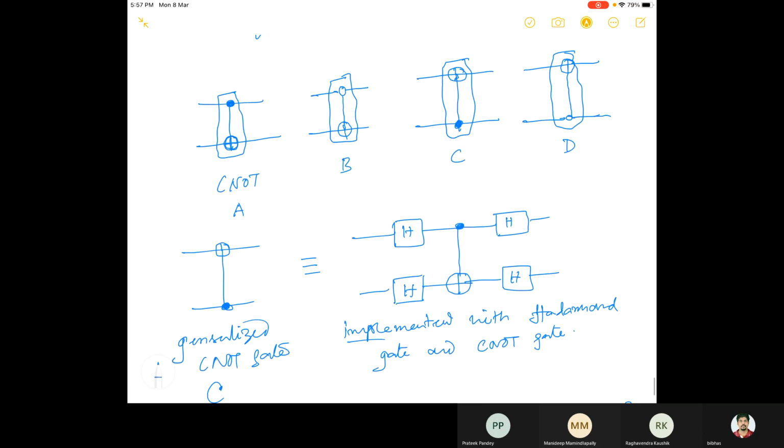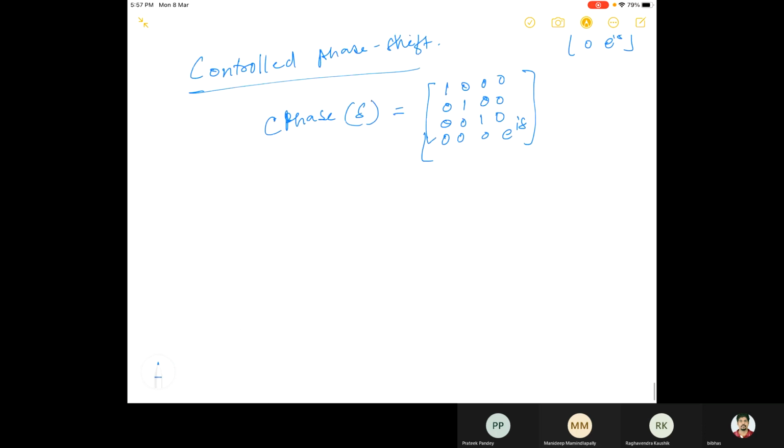So this is the control phase gate, and the control phase gate can also be implemented using the one qubit phase shift gates and the CNOT gate.